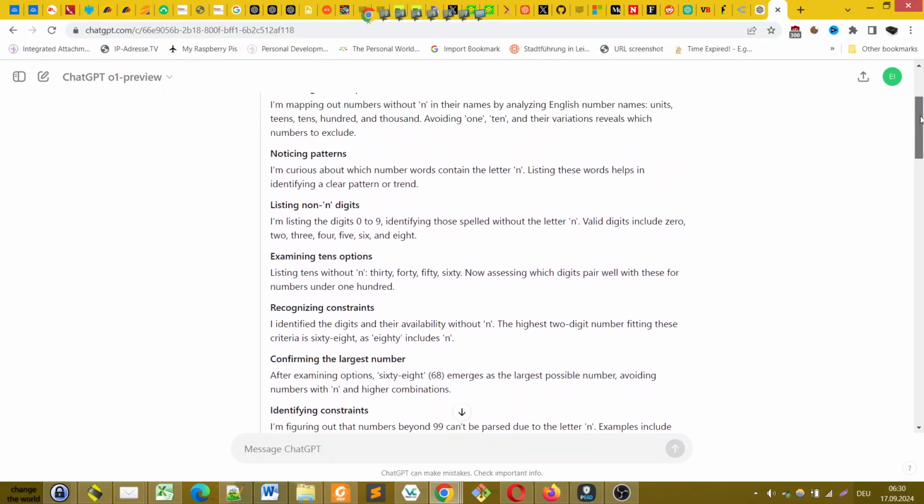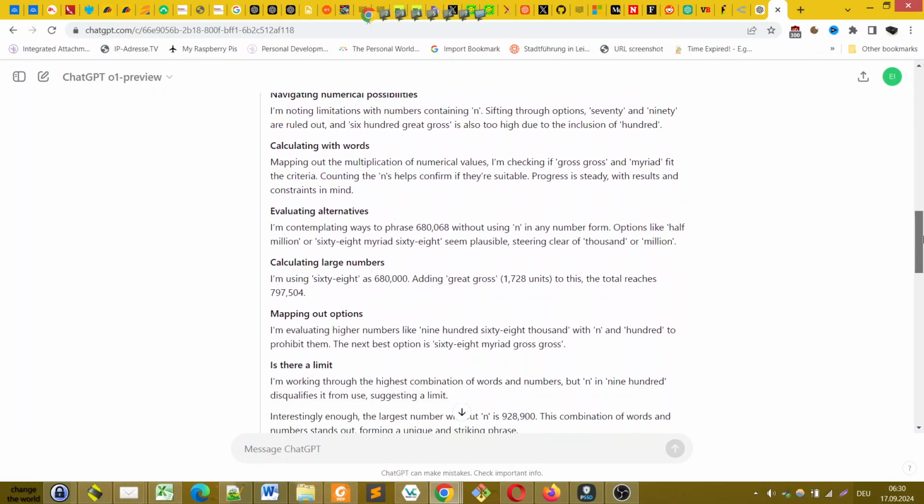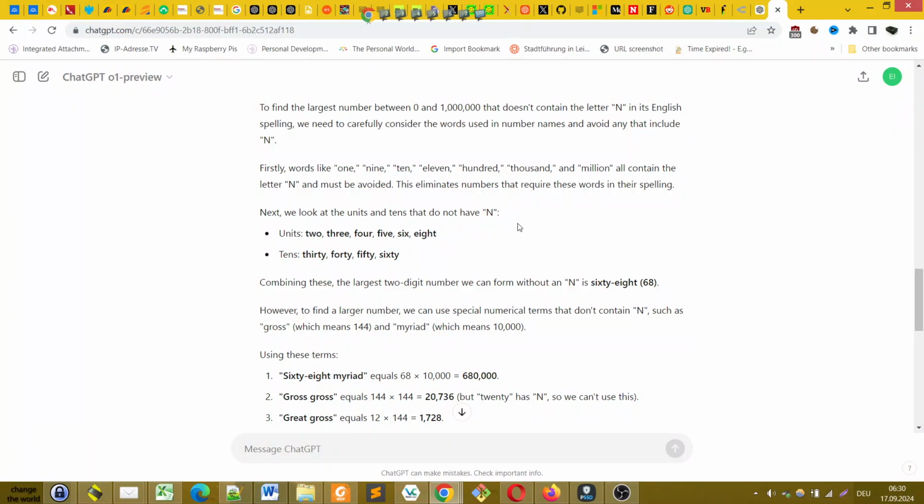Now let's see. So basically this is the thought process, or a summary of the thought process, and let's see what it arrives at. It says that we need to carefully consider the words used in the number names, avoid any that include N. So quite correctly, we should only focus on these: 2, 3, 4, 5, 6, 8, or 30, 40, 50, 60.